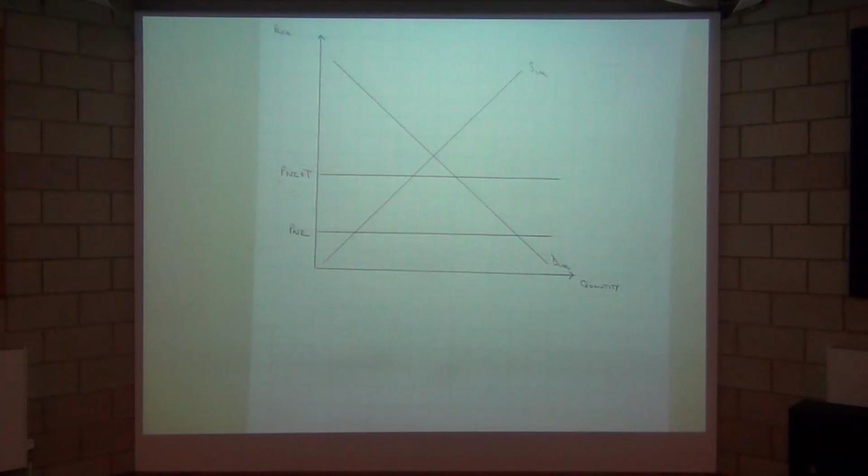Now, of course, the price coming from New Zealand is now much higher. And so domestic suppliers are more able to compete. So they can compete all the way up the UK domestic supply curve, all the way up to this point here. Beyond that point, as you can see, the domestic supply curve continues to rise, and so domestic price continues to rise, and so domestic producers cannot compete beyond that point.